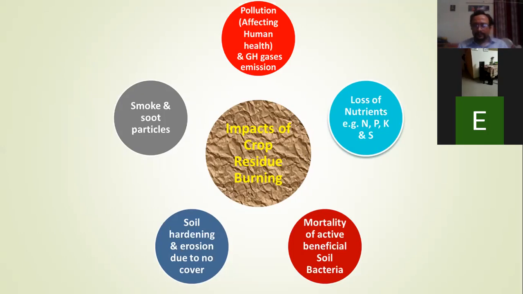After burning, they are lost from the soil. Mortality of the active beneficial soil bacteria: this is a harmful aspect. After the burning, the beneficial microflora are also burned with the residues. Soil hardening and erosion due to no cover. Soil becomes hard due to the burning. These are some impacts of burning of the crop residues.